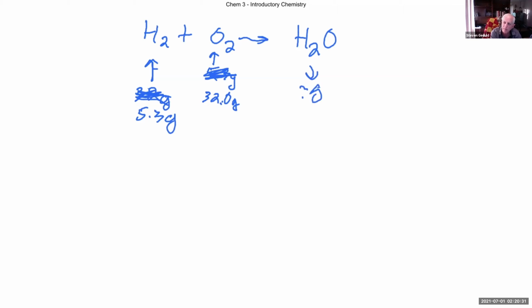Okay. So you got two values, which means you've got to find out which one runs out first. So convert both to moles. So 5.3, well, first of all, I'm forgetting one step. What am I forgetting to do? Balance the equation. Perfect. So let's balance the equation.